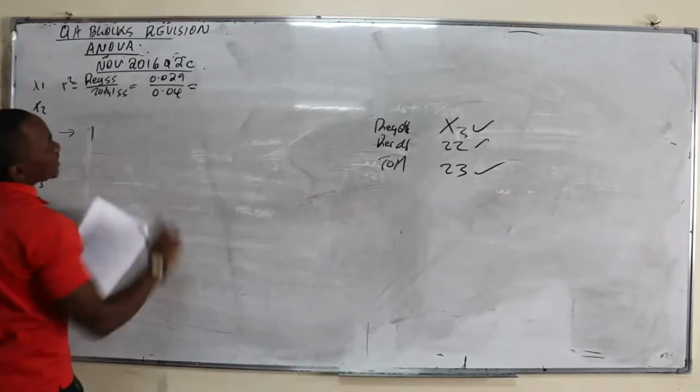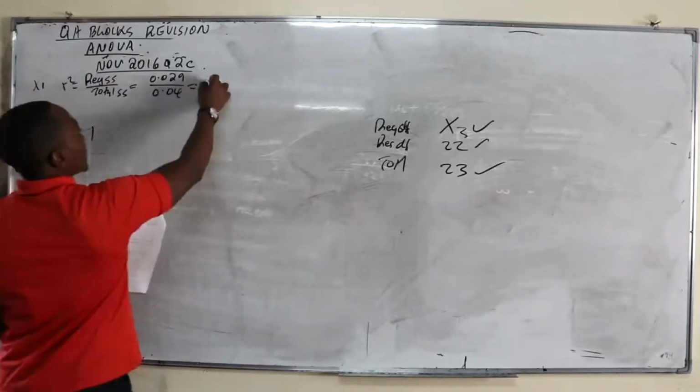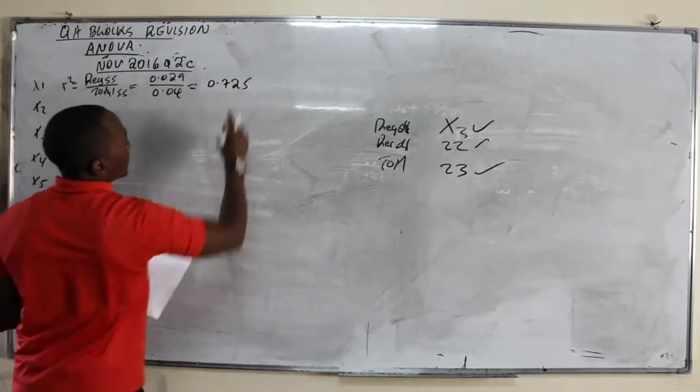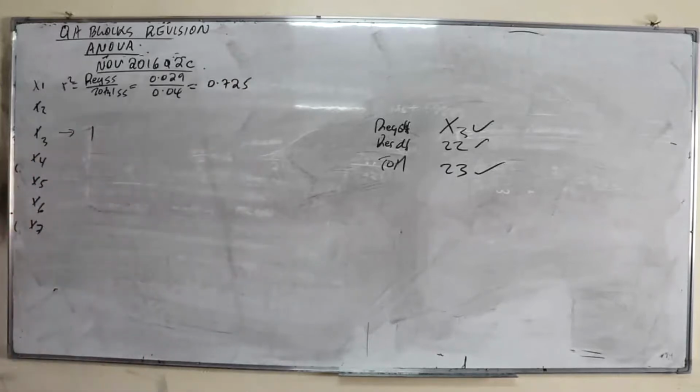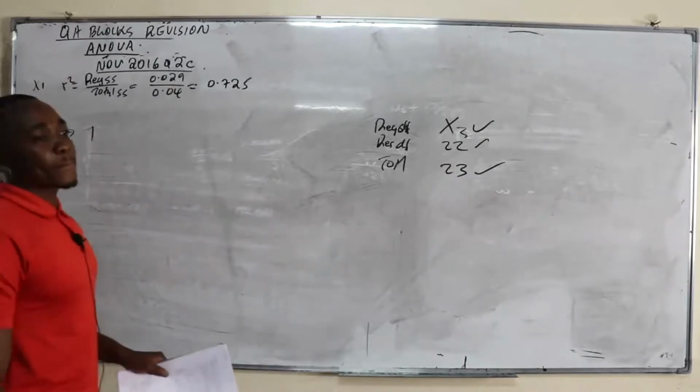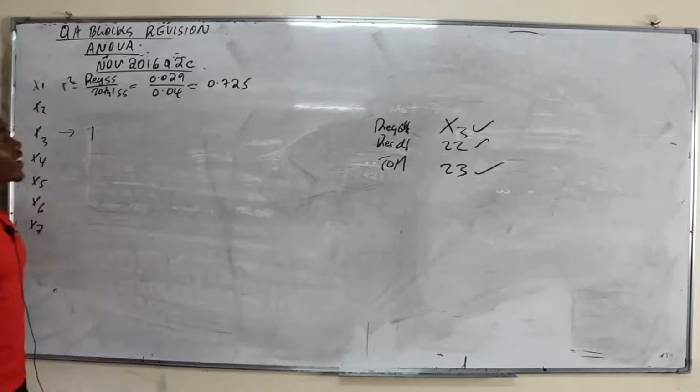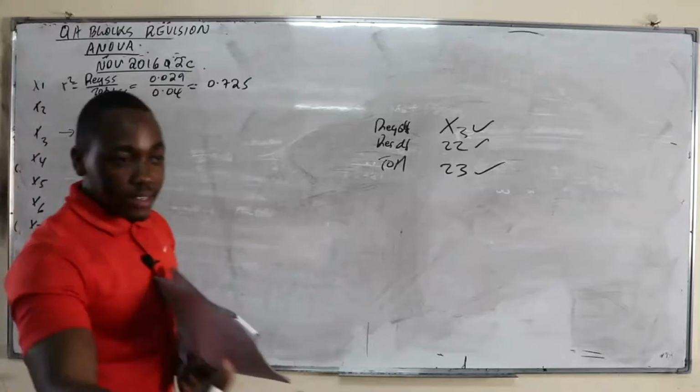What do you get? 0.725. Who can interpret that for me, in case you were taught to interpret that? That's the coefficient of determination. Good. 72% of the variation in labor cost is explained by labor hours.